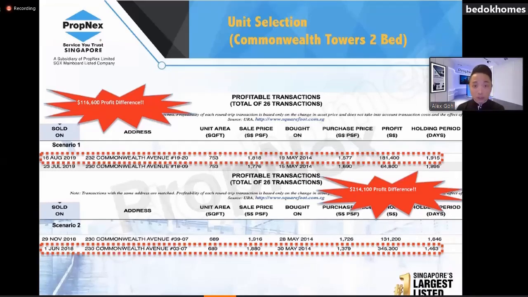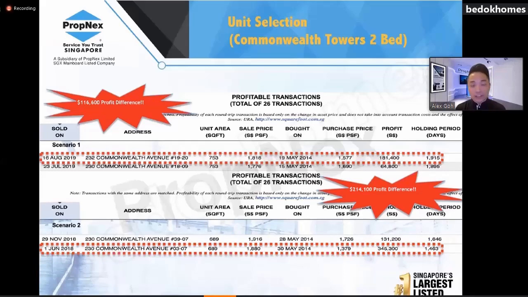So what I'm trying to show you here is that it doesn't mean that when you buy the best view unit, you make the most money. Second example, the 39th floor, 07, makes $131,000. The third floor makes $345,000, a difference of 214.